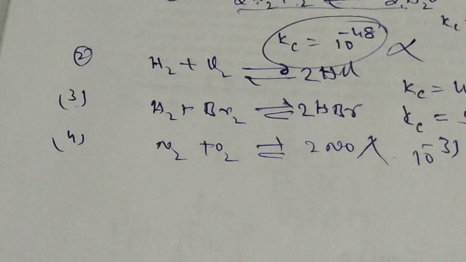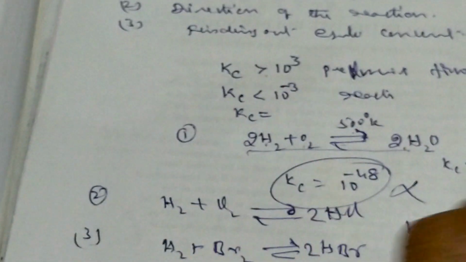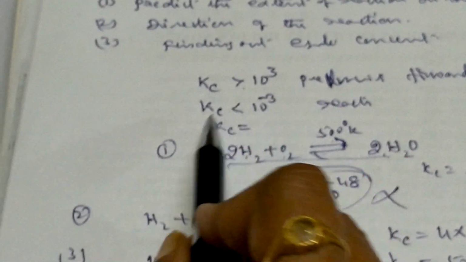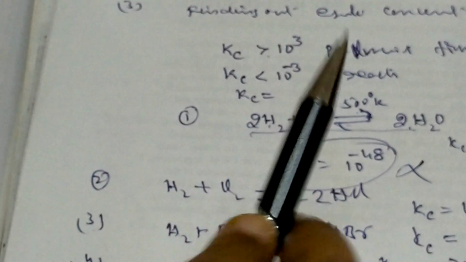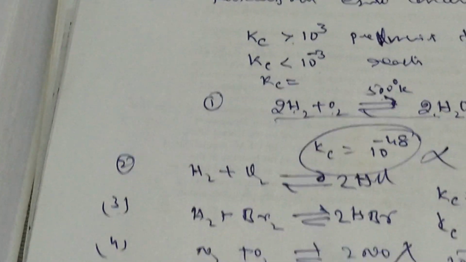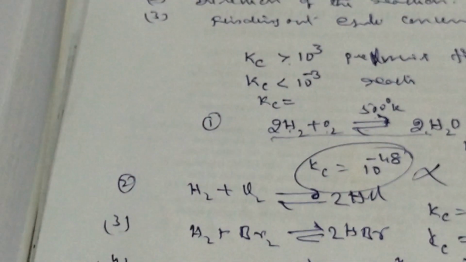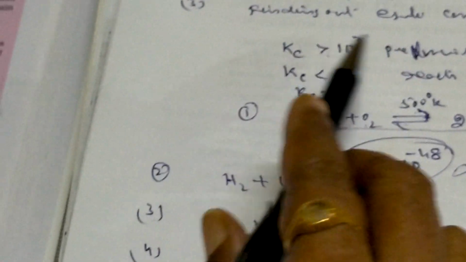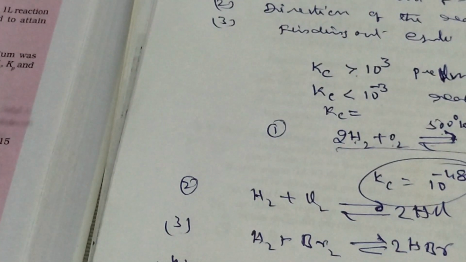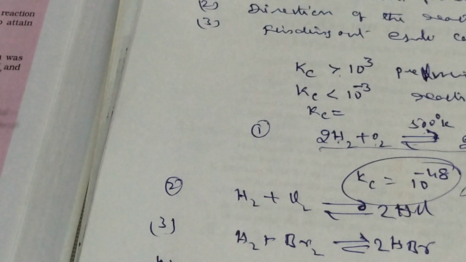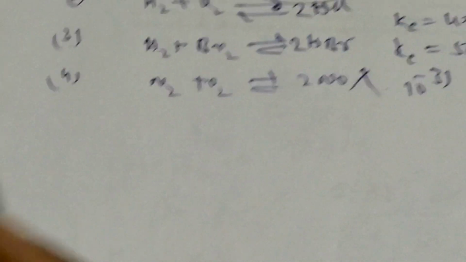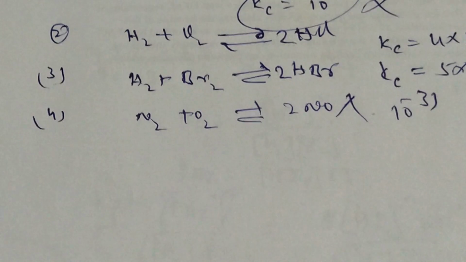If Kc is more than 10 to the power 3, the reaction is favorable; if Kc is less than 10 to the power minus 3, it is not. Direction: anyway you are able to see which direction the value is more. The reaction quotient is also similar.